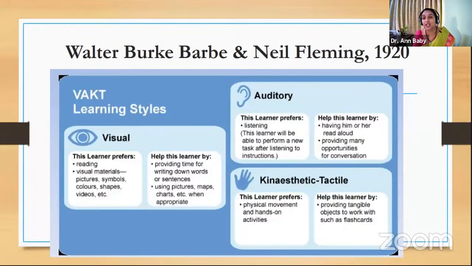Visual, Pratyaksha, Drishya, as we say in Sanskrit. Some students would prefer the visual style: pictures, symbols, colors, shapes, and all that. Some would be auditory, Shravana. Those students prefer listening.